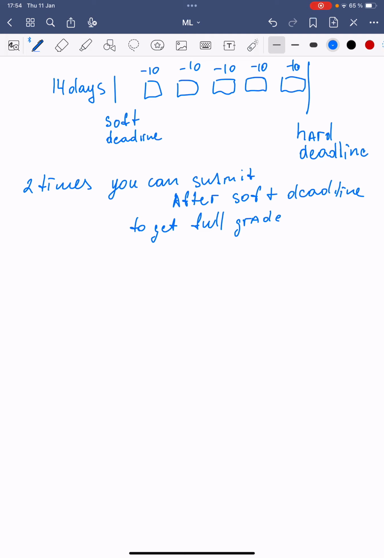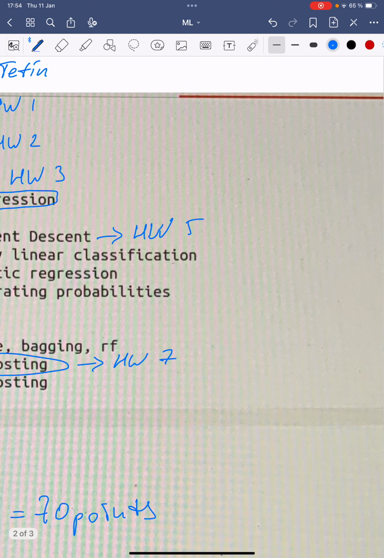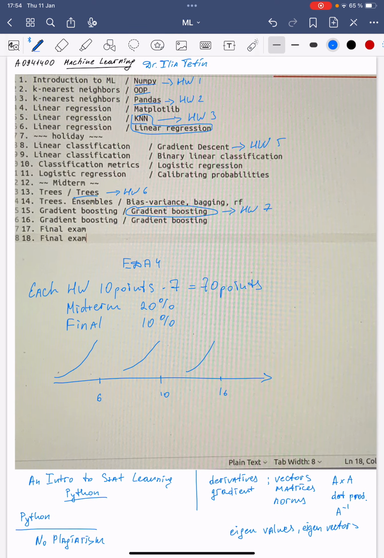If you submit before the soft deadline, you will receive the full grade. If you did everything correctly, then you'll receive 100 points. 90, 100 points are really high marks, really high grades, and it's normal if you won't do all the tasks, all the homeworks. It's normal if you do not do each task inside the homework.